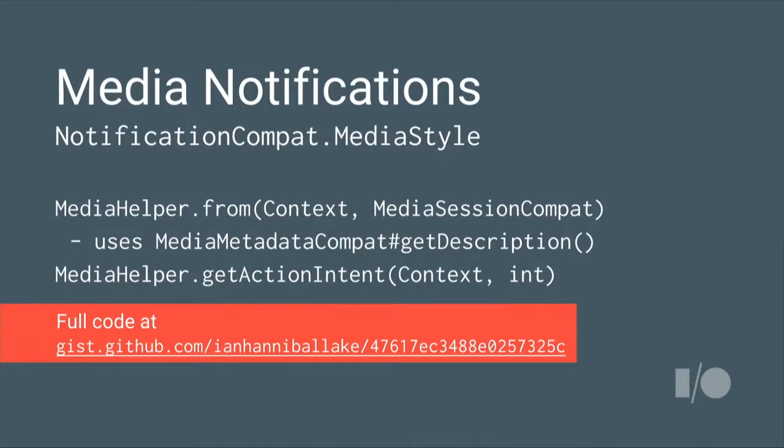Now, it's still more boilerplate than I'd like. So I've created a media helper class that I personally like quite a bit, which takes a context and your media session and then builds out all of the things that you'd need from a notification. I'm going to post this link in these spaces after the talk, so keep an eye on that if you want the link itself.